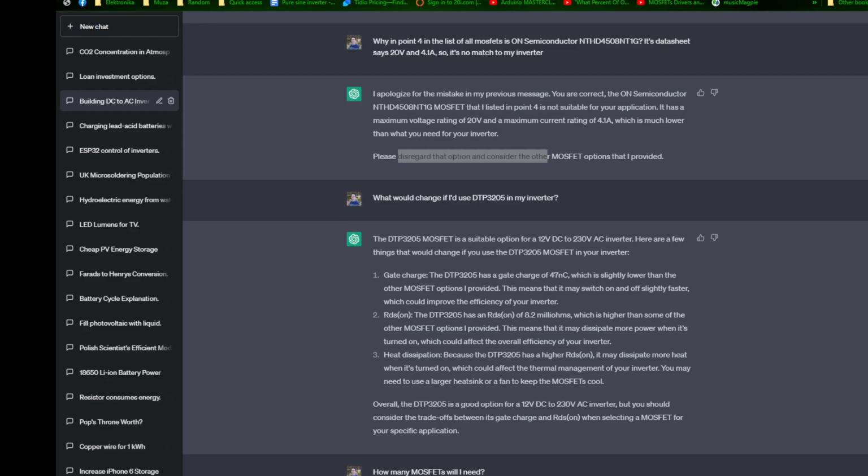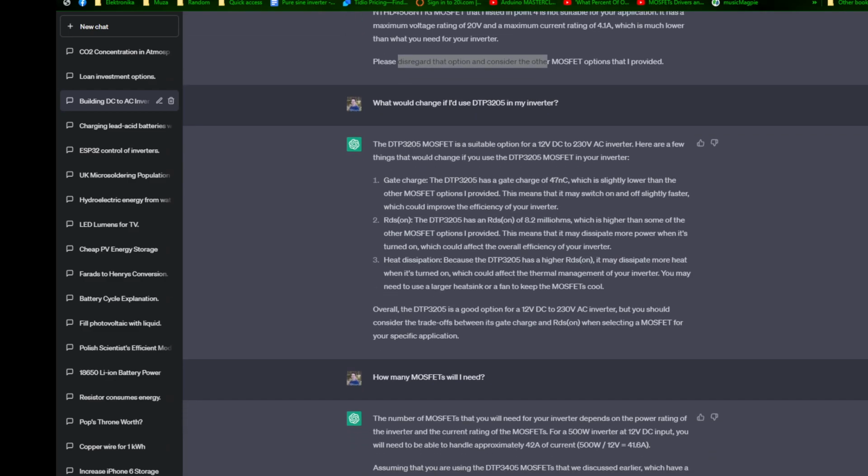So you see, the DTP 3205 MOSFET is a suitable option for 12 volts DC to 230 volts AC. Gate, RDS on, yes, that means it may dissipate more power when it's turned on. Next, heat dissipation. So overall it's a good choice for an inverter, but you should consider the trade-offs between the gate discharge and RDS on when selecting a MOSFET.